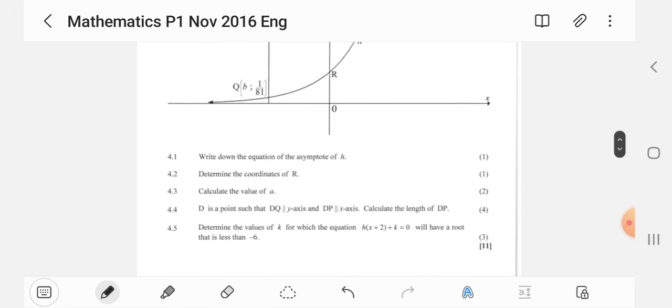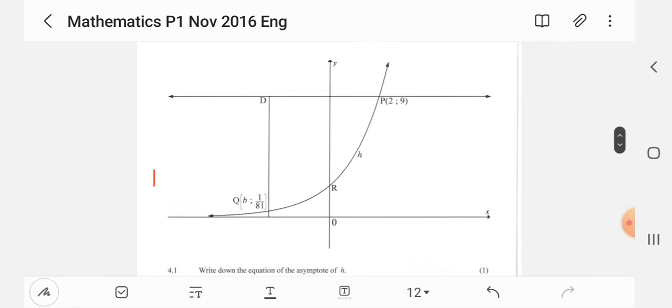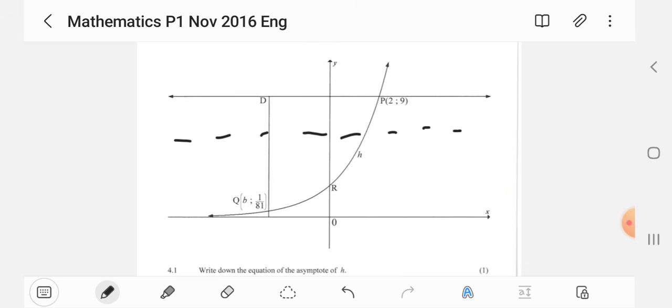The first one says, write down the equation of the asymptote. Now let's look. Asymptotes are those dotted lines that go something like this. And here we don't have a vertical one, so y equals 0 is the equation of the asymptote.